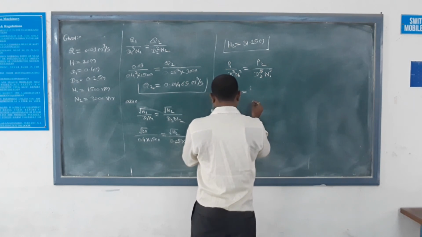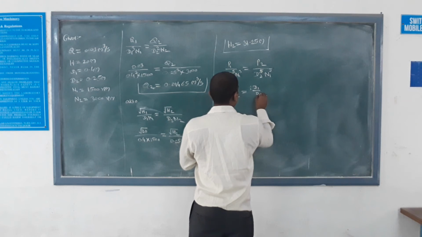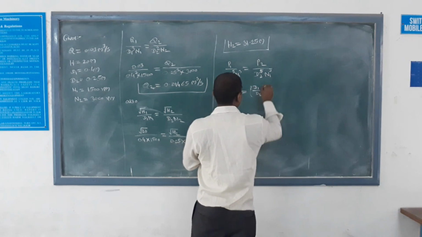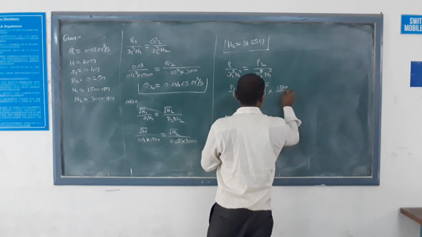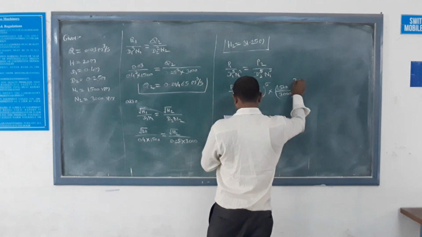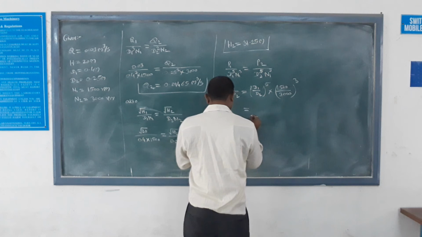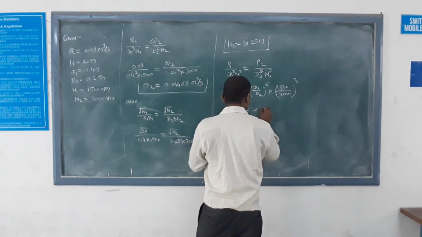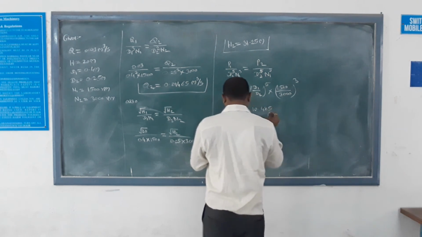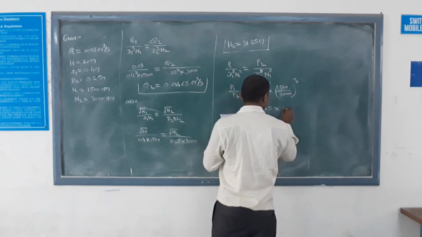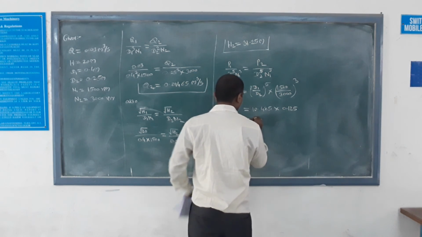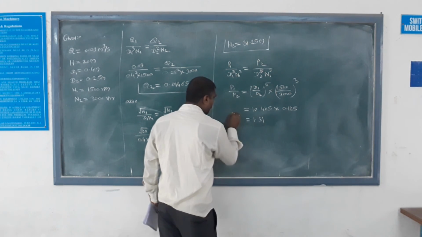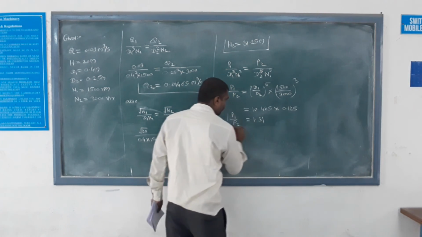P1 upon P2 equal to D1 by D2 raised to 5 into N1 by N2 cube. After solving, we get 10.485 into 0.125, so the ratio P1 upon P2 equal to 1.31.